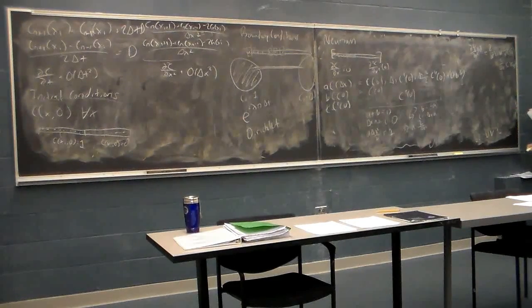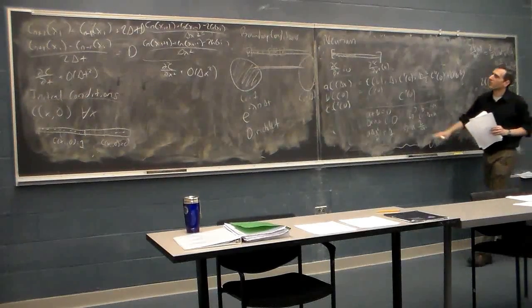Or in other words, the approximation formula we want is that this at point 0 is approximated by 2C of our iterate x1 minus 2C of the iterate x0 minus 2 over delta x C prime of 0, all divided by delta x squared.